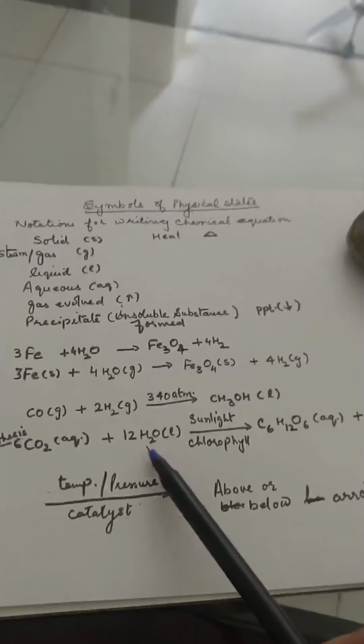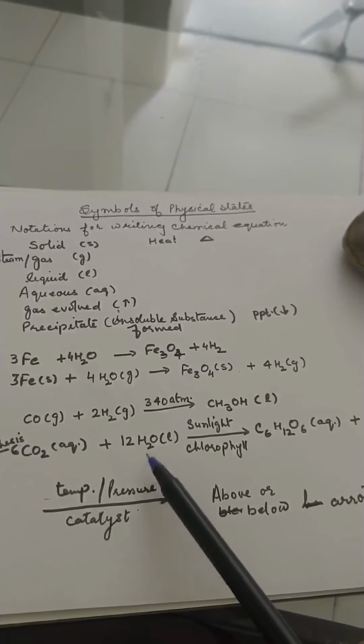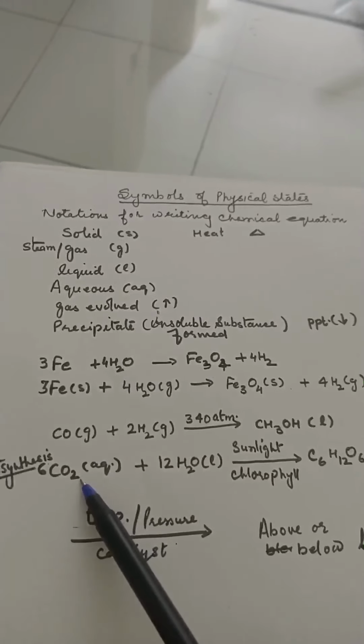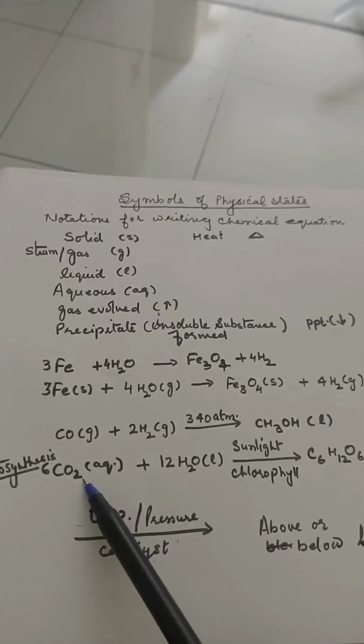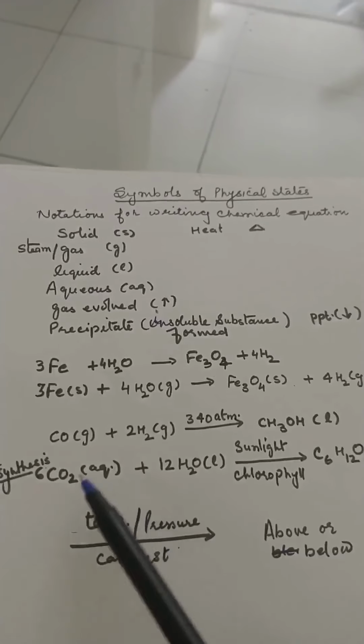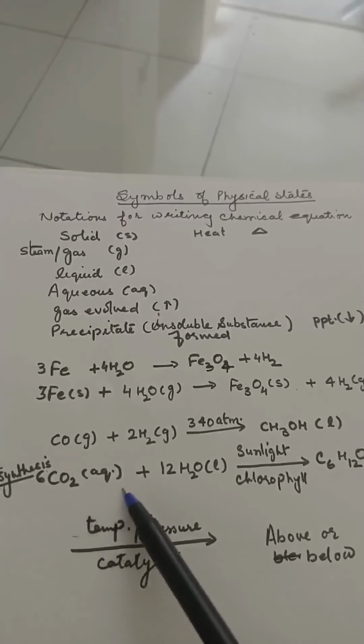And other parts of the plant also take part in photosynthesis, but generally, let us take it happens inside the plant, right? So carbon dioxide, when taken by plants, inside the plant, it is in aqueous state because it gets dissolved in water.